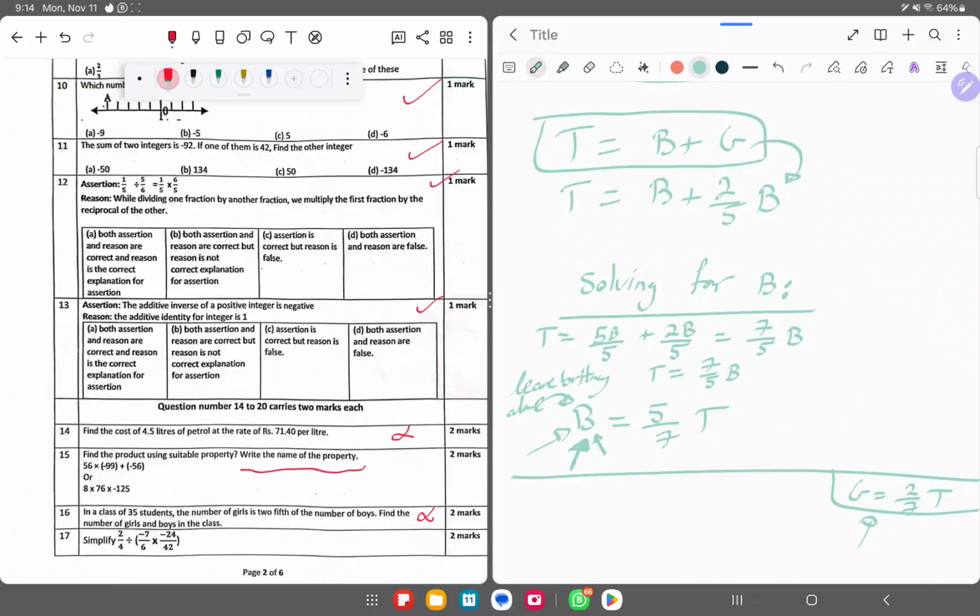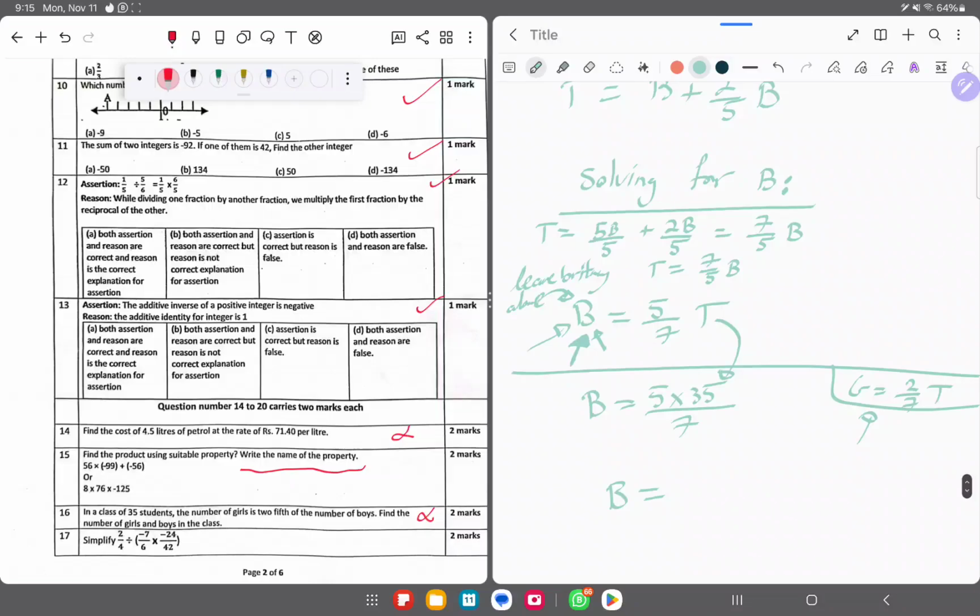And I have 35 students. So what is the total number of boys? The number of boys is going to be 5 times the total, which is 35, over 7. So substitute T over 7.